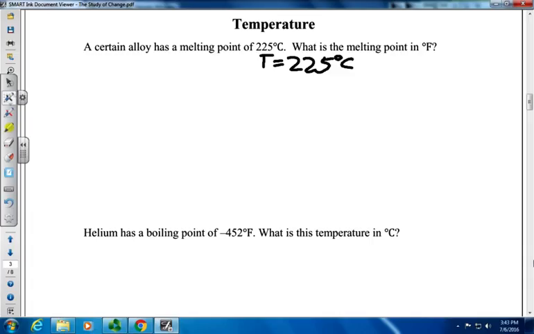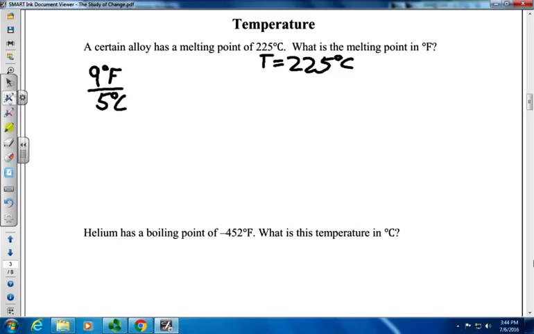Now the formula for converting from Celsius to Fahrenheit is a somewhat simple formula, as long as you can remember that there is a 9 that is associated with Fahrenheit and a 5 that is associated with Celsius. So in converting, we're going to look at 9 degrees Fahrenheit over 5 degrees Celsius.